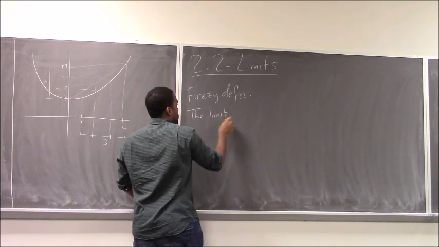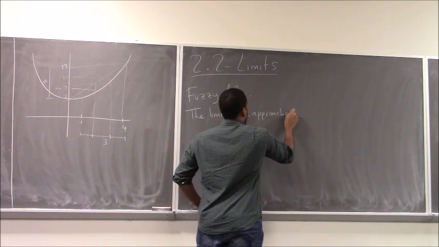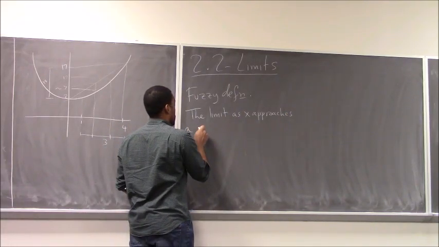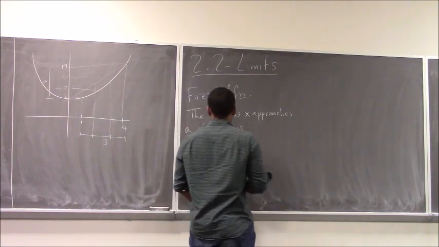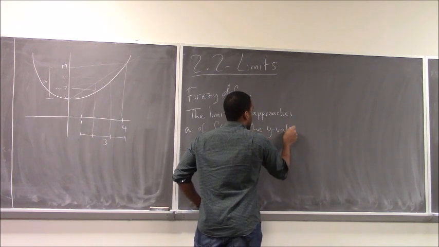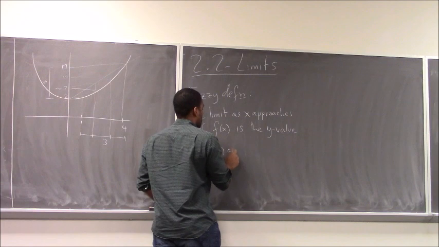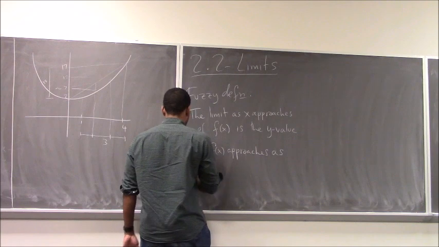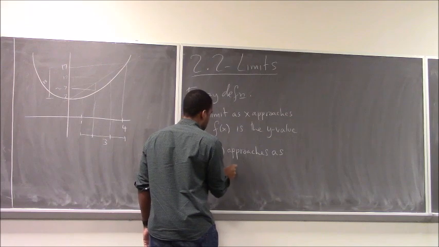The limit as x approaches a, where a is just a number, of f of x is the y value that f of x approaches as x gets close.